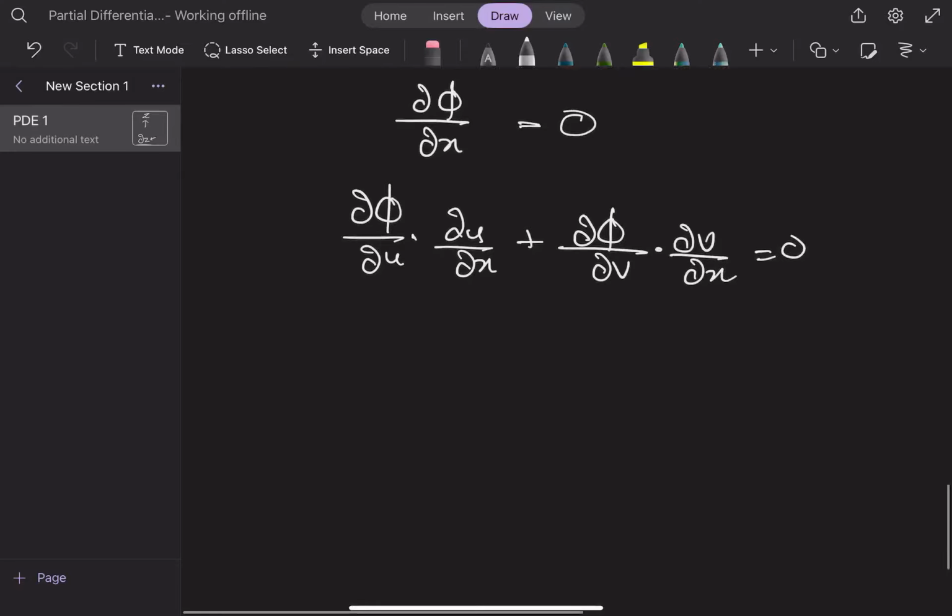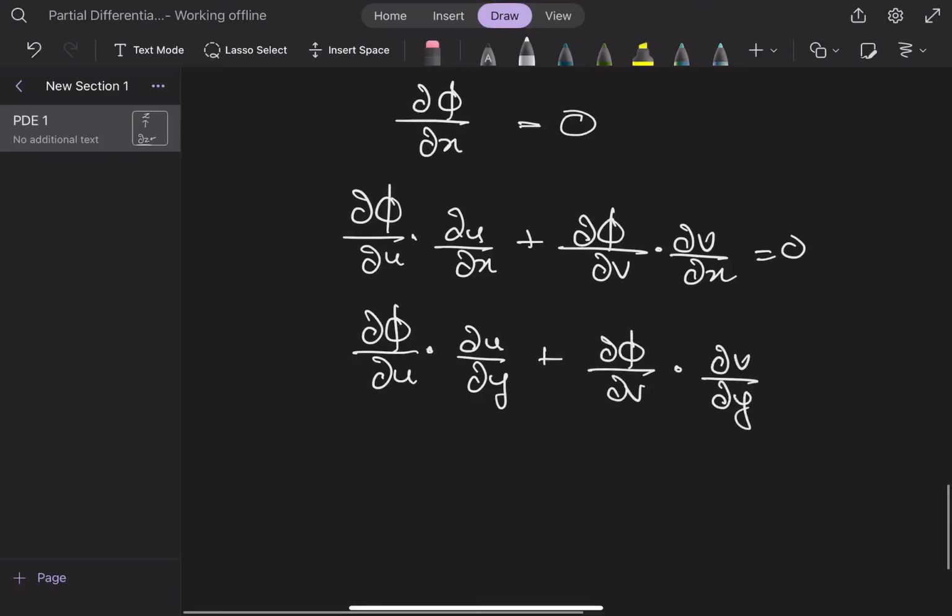And if you differentiate it with respect to y, you'll get del phi by del u times del u by del y plus del phi by del v times del v by del y is equal to 0.